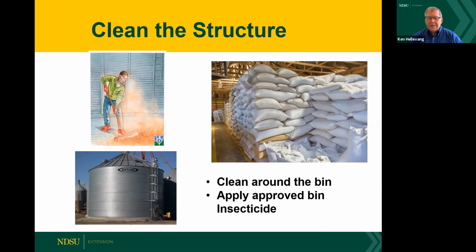Whether we're talking a steel bin or a building, we need to think of all of the potential for primarily insect infestations that can come into that structure and try to do what we can to minimize the potential of insect infestation.